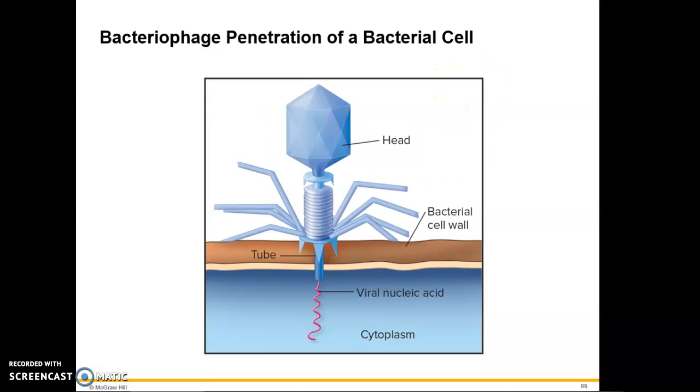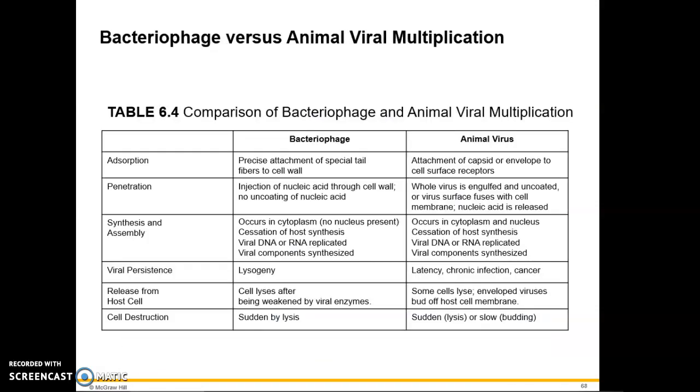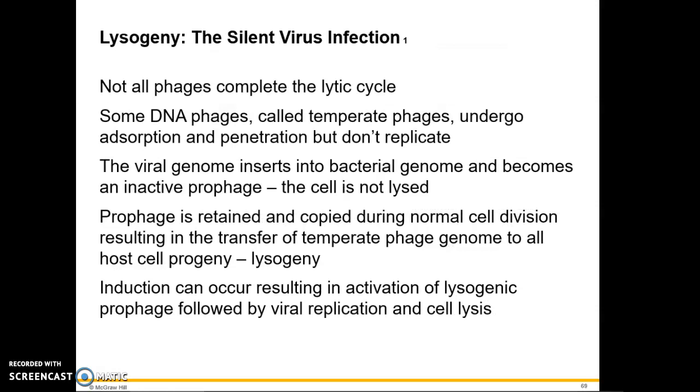So this is showing closer up the adsorption and penetration. And the nucleic acid from a bacteriophage is just injected into the cytoplasm. So it doesn't need to be uncoated. Okay, and then there's a table that has all of the stages listed out for you, table 6.4.